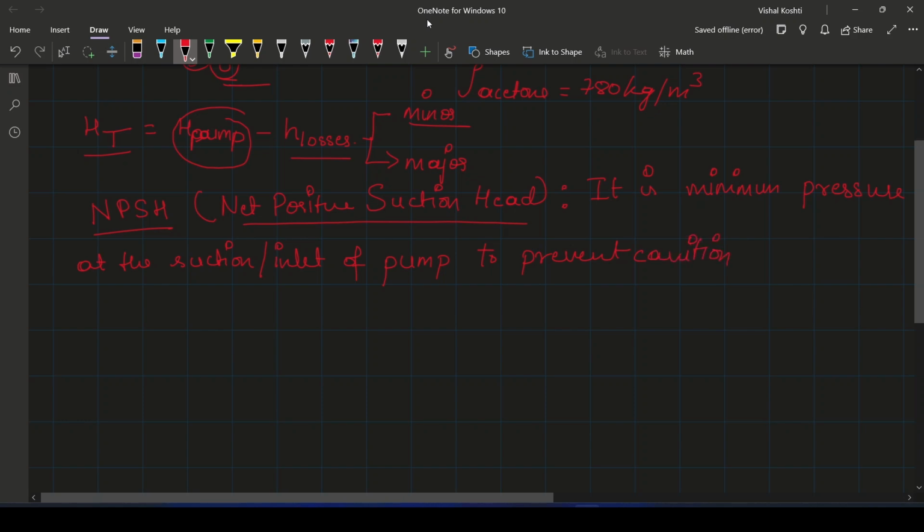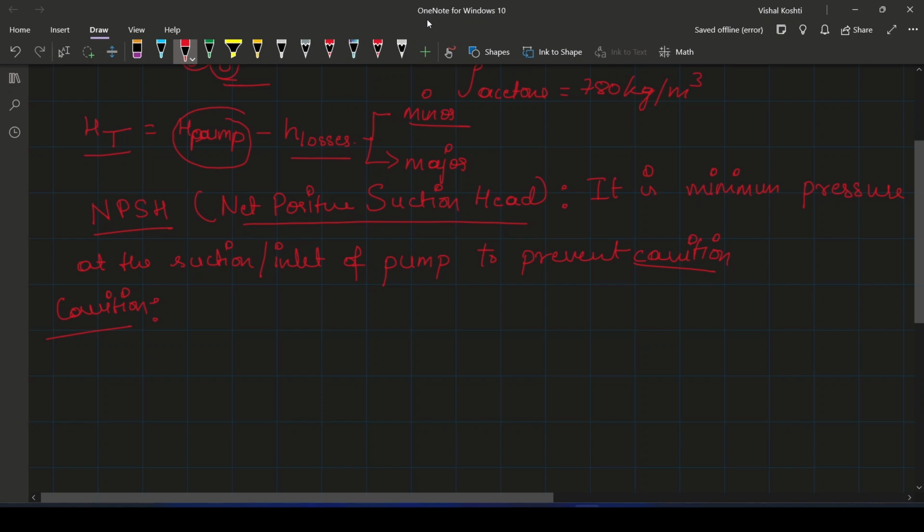Now you might be wondering what is the term cavitation. It is the phenomenon of rapidly expanding and collapsing bubbles, which tend to destroy the surface of the impeller as well as the casing. It eats away the surface of the material. This happens because a low pressure is created at the inlet of the pump.